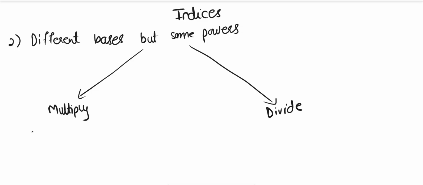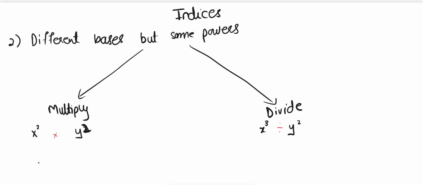If I have x and y, and between the two is a multiplication sign, and if I have x and y here, and between the two there is a division sign, but what I have this time around is that I have the same powers. For example, x squared multiplied by y squared, or if I have x raised to the power of 3 divided by y raised to the power of 2.